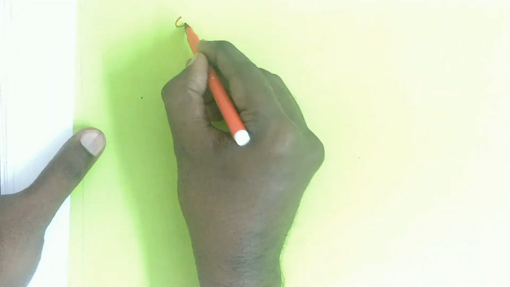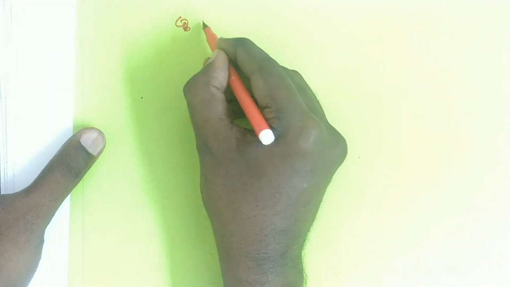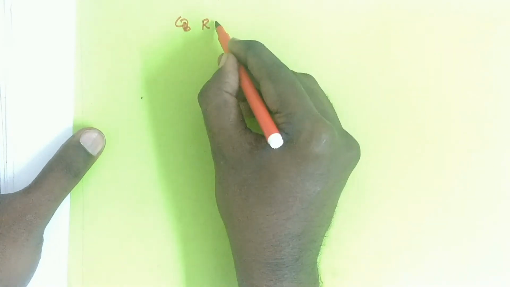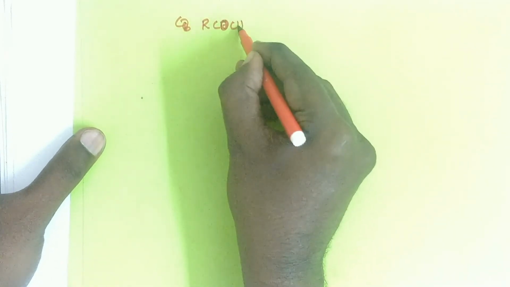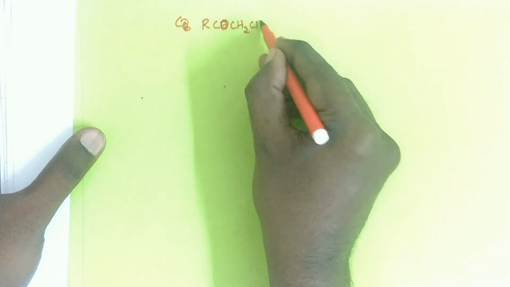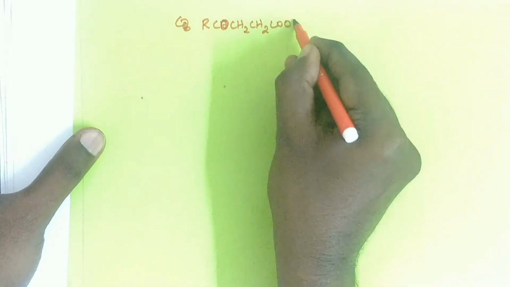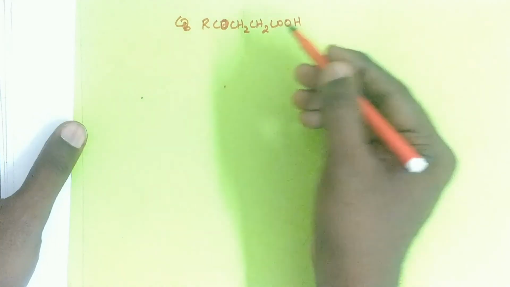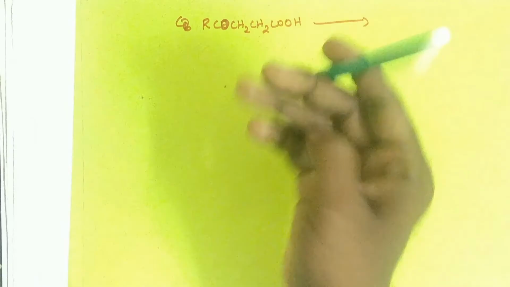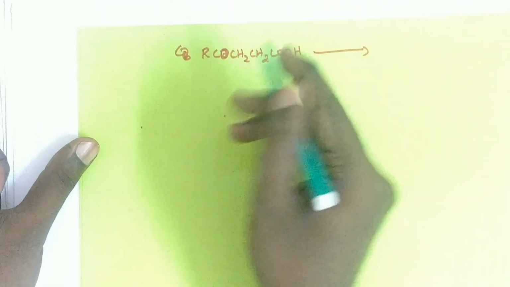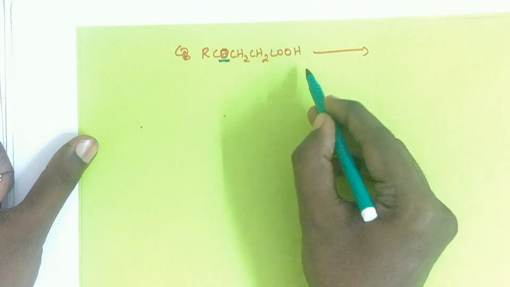If 2 functional groups are present in the compound, then the product... you take any CO, CH2, CH2, COOH. Here see, one functional group is CO, another functional group is COOH.